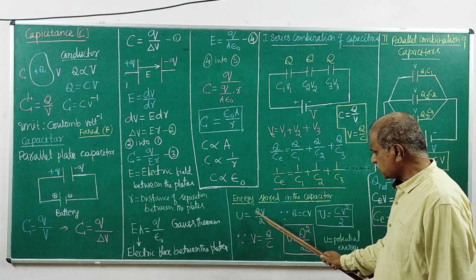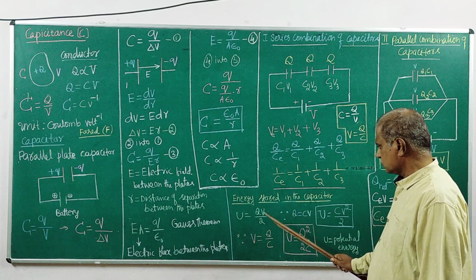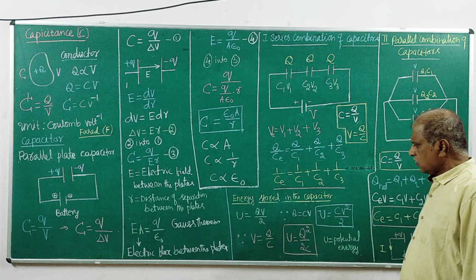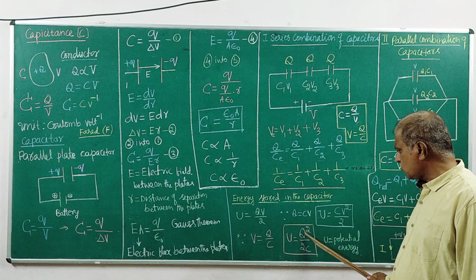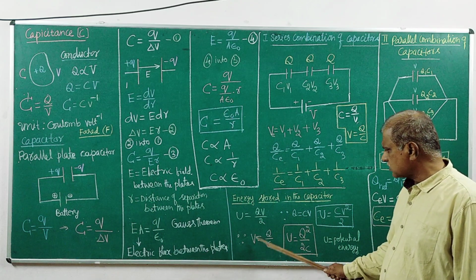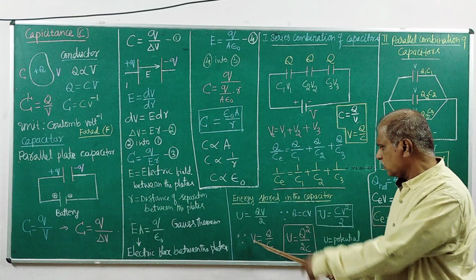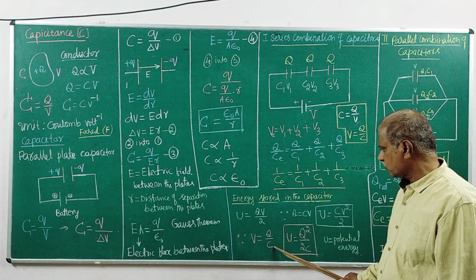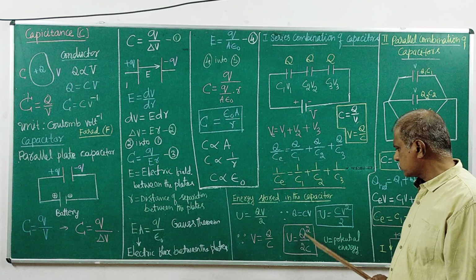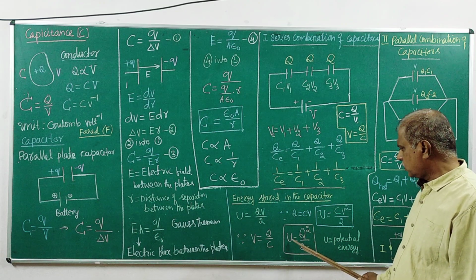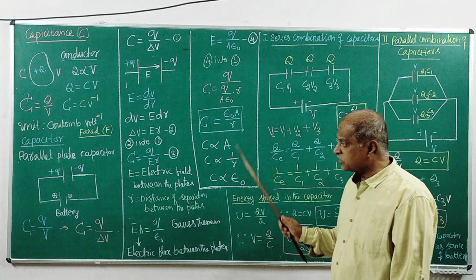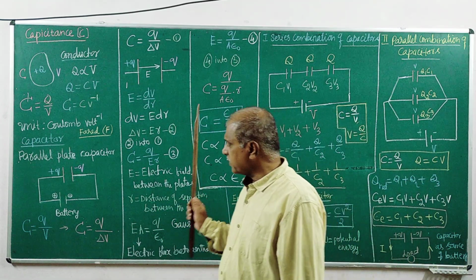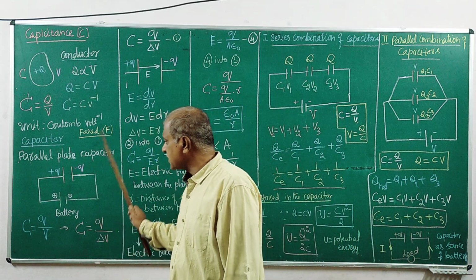You can also write U in terms of only Q and C. In that case, substitute for V, where V is equal to Q by C. Then U is equal to Q square by 2C. So U is the electrostatic energy stored in this capacitor.